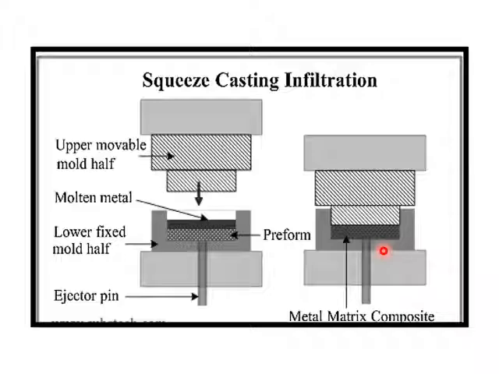Low shrinkage and gas porosity, because the applied pressure eliminates the air trapped in the end product, and there will be a proper penetration of the matrix material into the fiber. That is ensured by the force or pressure applied by the hydraulic press.